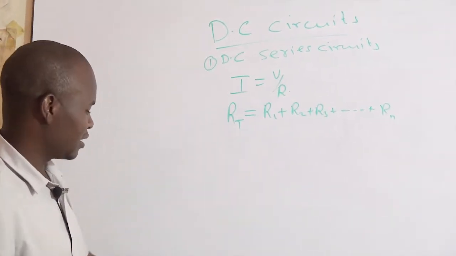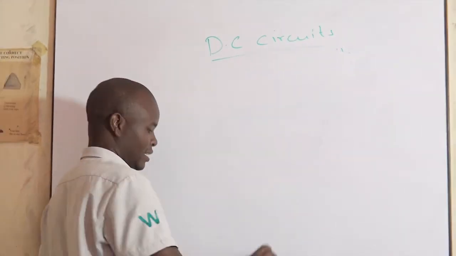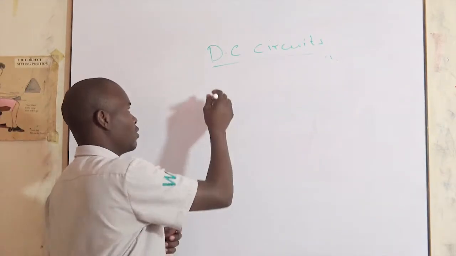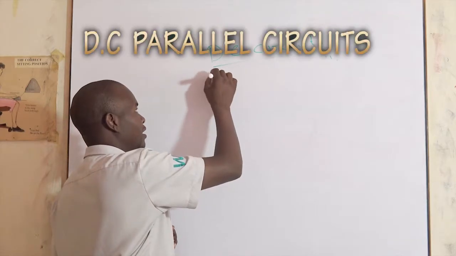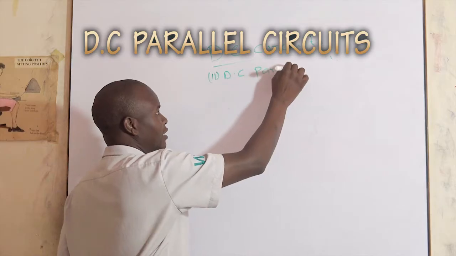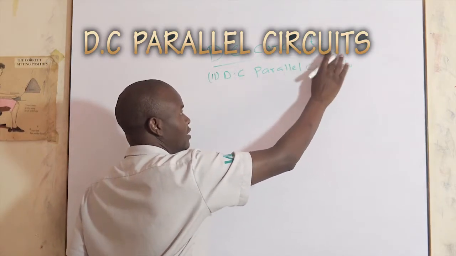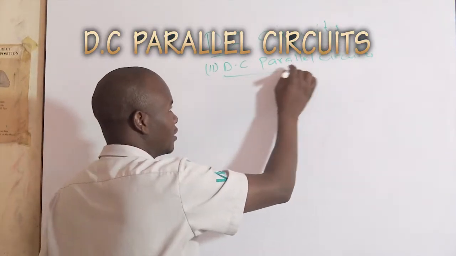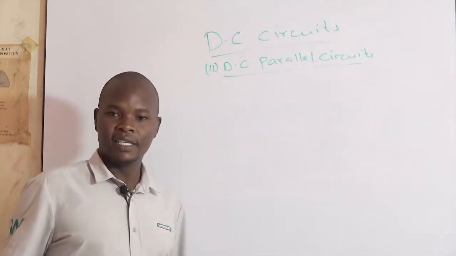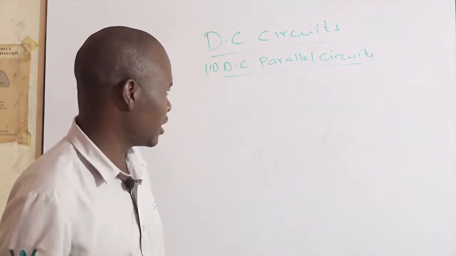But for today, we are going to deal with another subtopic under these circuits, which is called the DC parallel circuit. In this parallel circuit, the aspect of Ohm's law also applies.